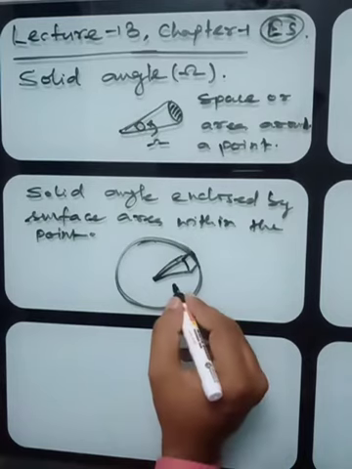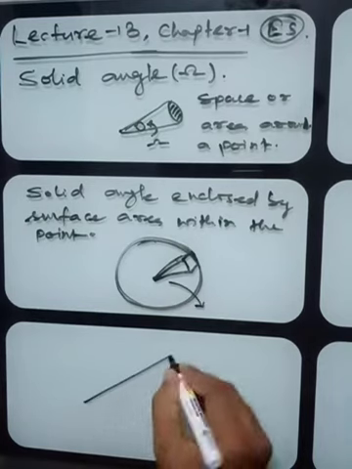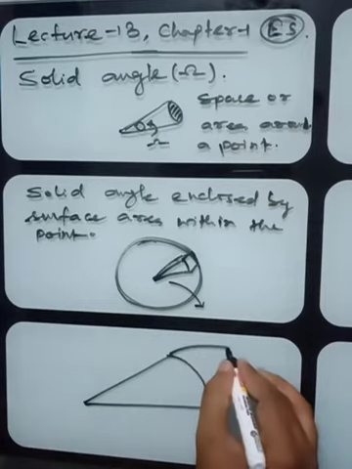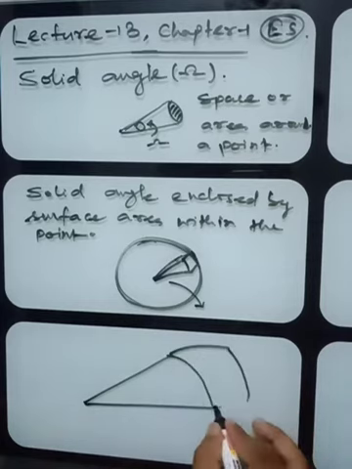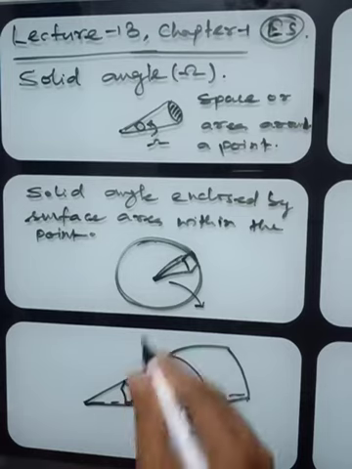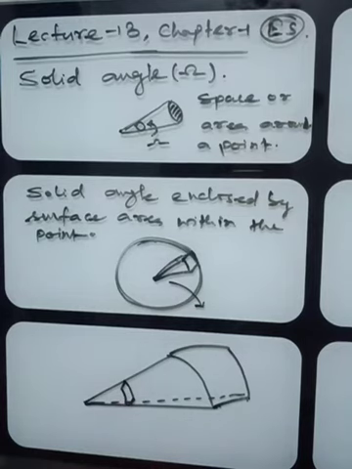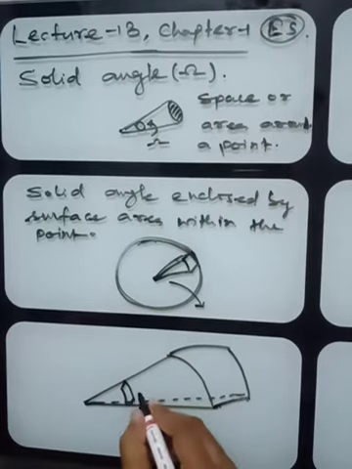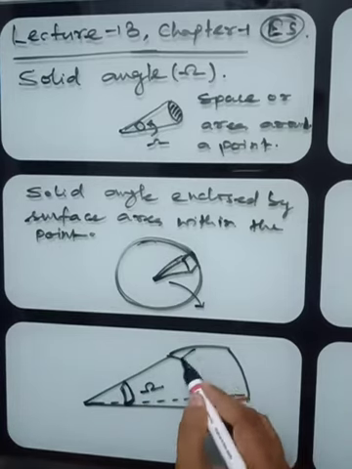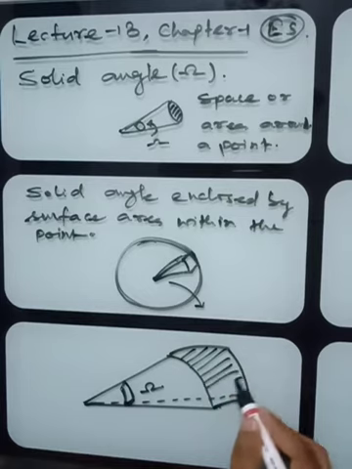If you take this piece out from here, you will find the shape in this way, and this portion goes to this point. This watermelon section gives you this particular opening, which gives you the solid angle, and this surface area is giving you the solid angle.